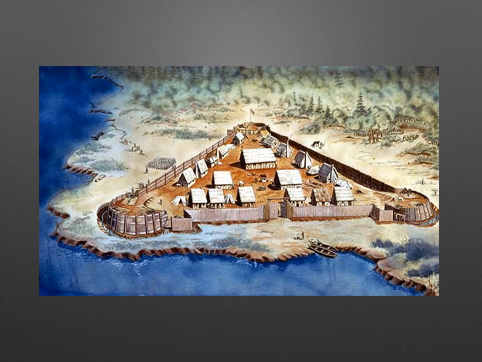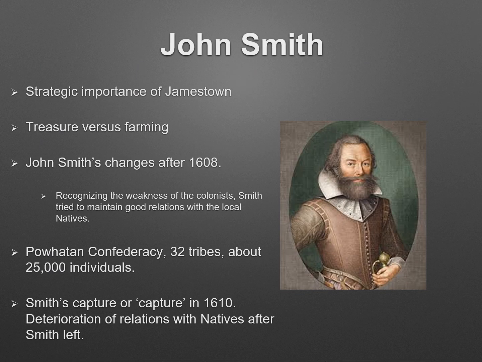This model of the early Jamestown fort or colony shows that it really was meant to be divided on all sides. You could defend it from a couple of different positions if you needed to. The colonists knew that they were landing on someone else's territory, and that sooner or later they were going to interact with the Native Americans. The colony established in 1607's goal was finding gold. It was widely believed that there was gold all over the Americas.